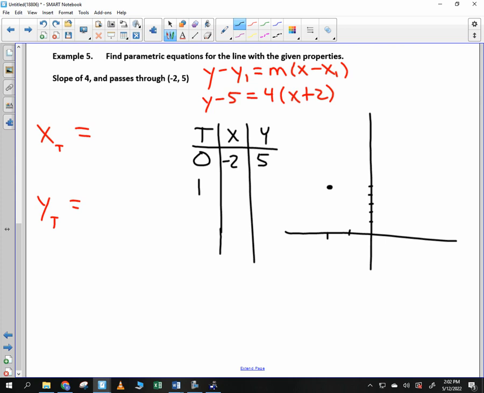If we have a line that goes to this point, how would we get to the next point? Up 4 over 1. So since the slope is 4, we rise 4 and we run 1.